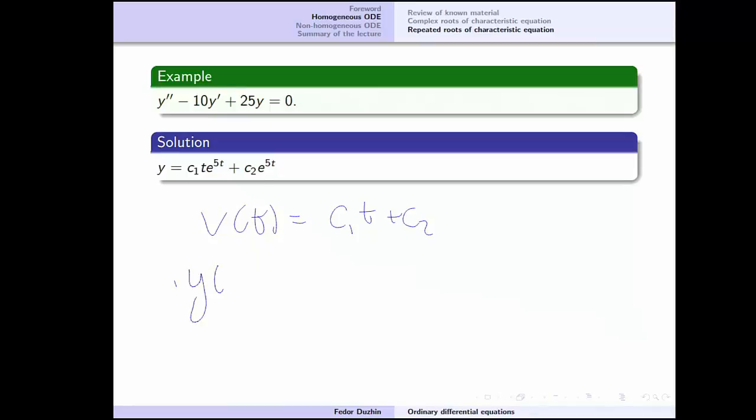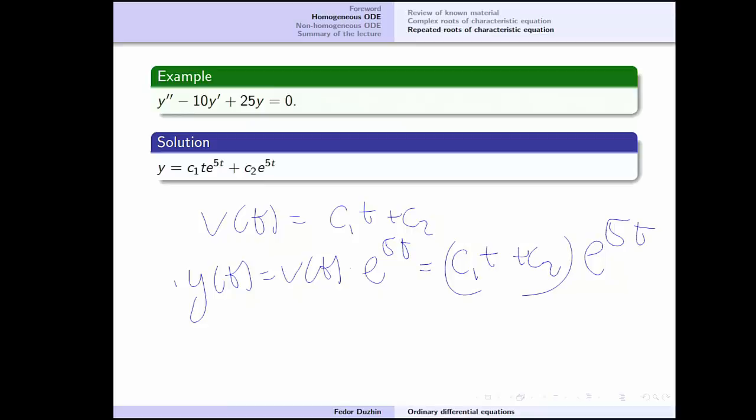So our y of t is v of t times e to the 5t, which is c1t plus c2 times e to the 5t, and which is exactly this. Now notice that we do have two linearly independent solutions. The two linearly independent solutions are t e to the 5t and e to the 5t.